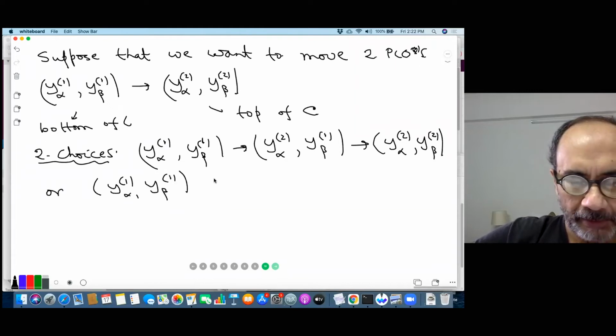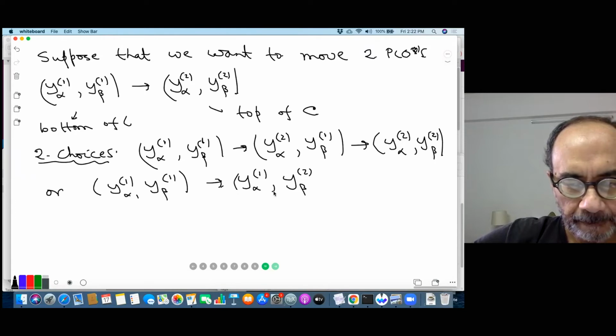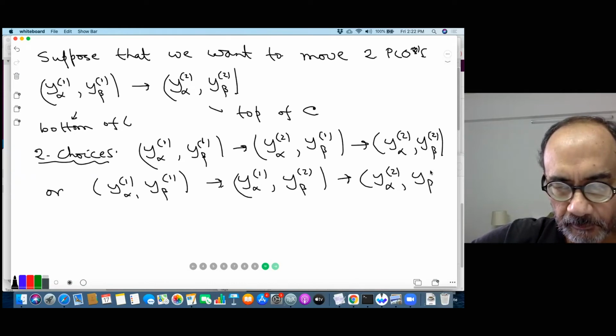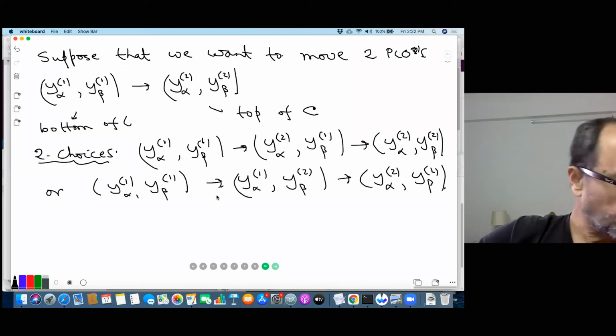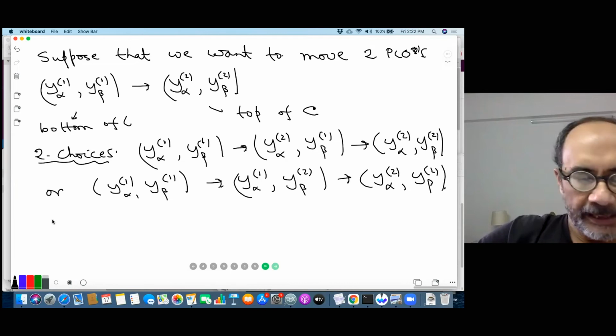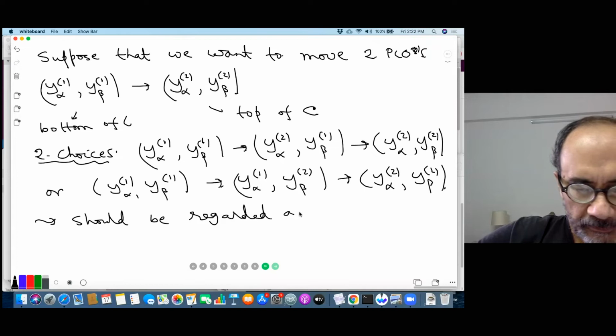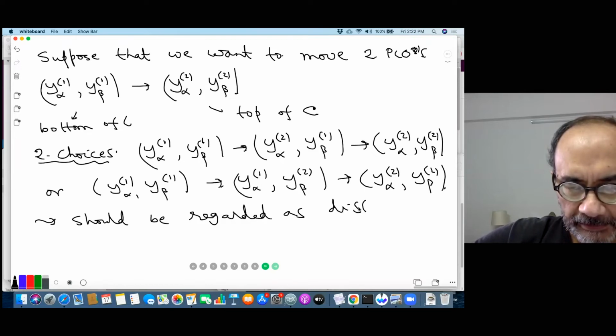We can move the beta 1 first, and then the alpha. So these should be regarded as different choices of sections.